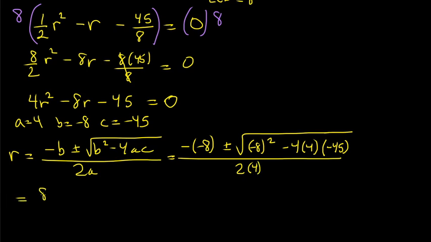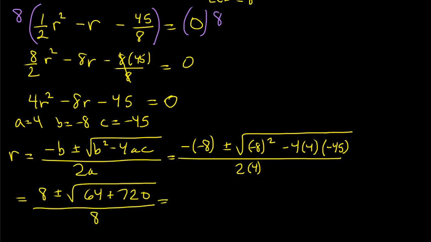So that's going to give us positive 8 plus or minus the square root of 64. And now it's minus a negative. So 16 times 45, it's going to be a big number, 720. So plus 720, all divided by 2 times 4, which is 8.